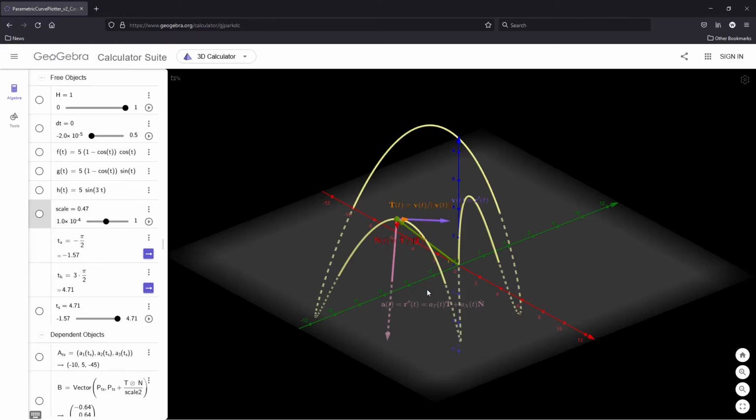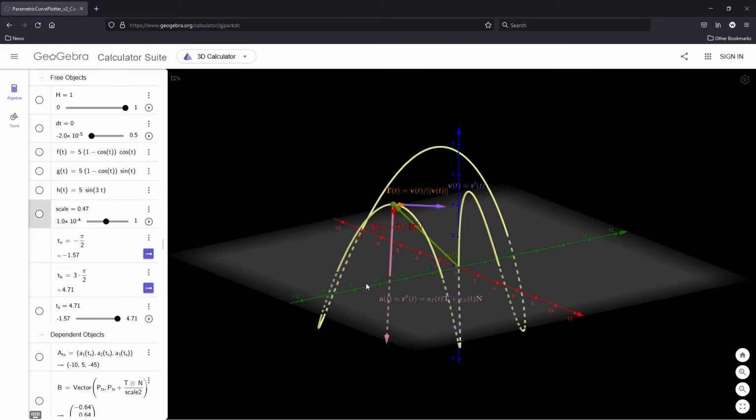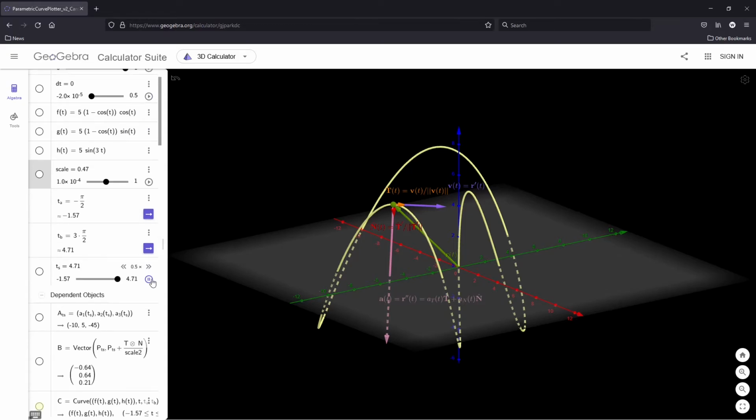And so just to get a visualization of this, I added on the acceleration vector here, as well as the unit tangent vector, the unit normal vector, and the velocity vector, to give you an idea of how these things are changing as we move around the curve.